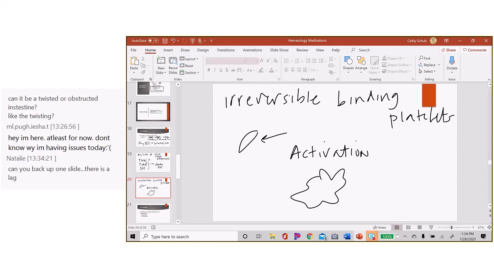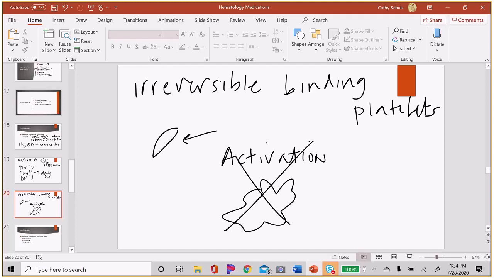So if I have the aspirin that's changing the platelet, then I won't be able to activate the platelet. So obviously, if I had some kind of trauma, I want to activate platelets. You know, if I fell or was in a car accident.